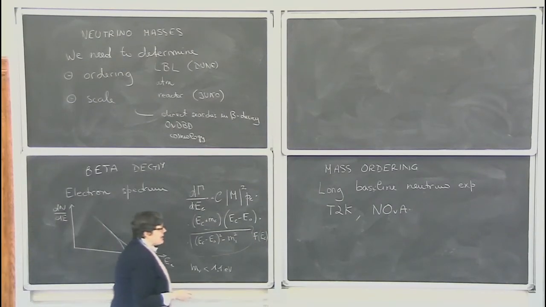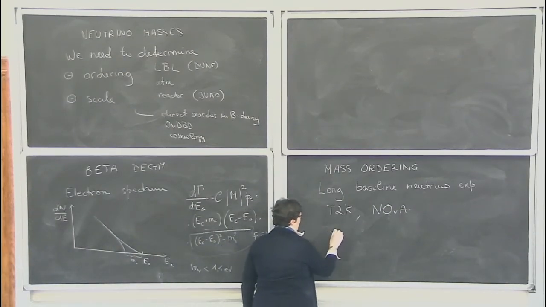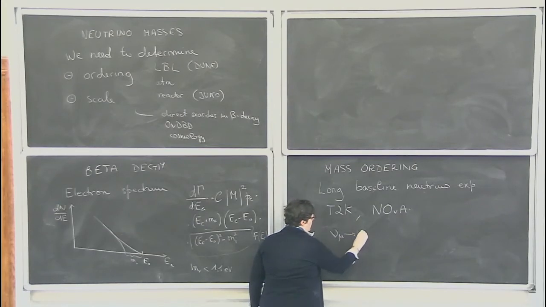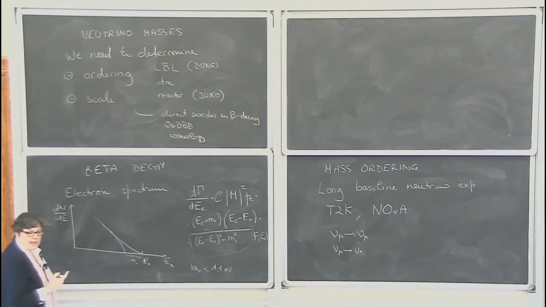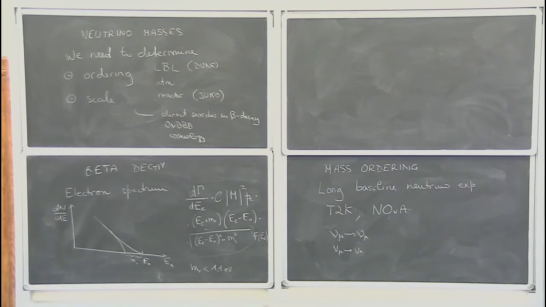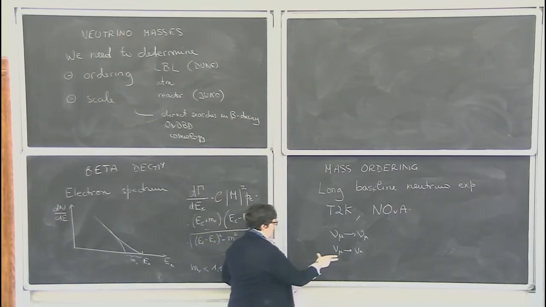So the channels that these experiments look at are nu mu into nu mu, and nu mu into nu E, and the antineutrinos as well. Nu mu's, because all these experiments, as I discussed yesterday, have muon neutrino beams produced from pion decays. The probability which is particularly interesting from this perspective is the nu mu into nu E one.